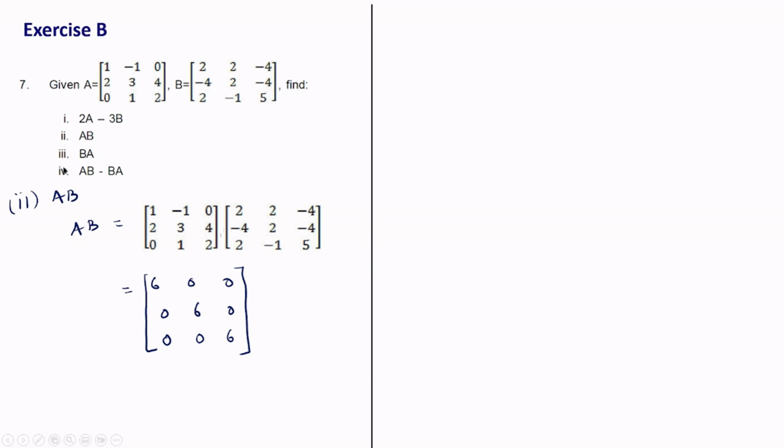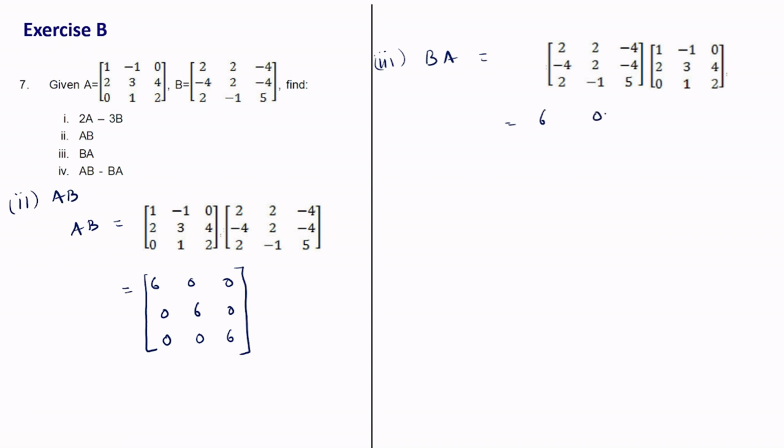Next we have the next subdivision BA. So matrix BA, the third subdivision. BA is matrix B into matrix A. So it is 2 plus 4 plus 0, 6. And next we have minus 2 minus 6 minus 2 plus 6 minus 4, which is 0. Then 0 plus 8 minus 8, so it is 0.